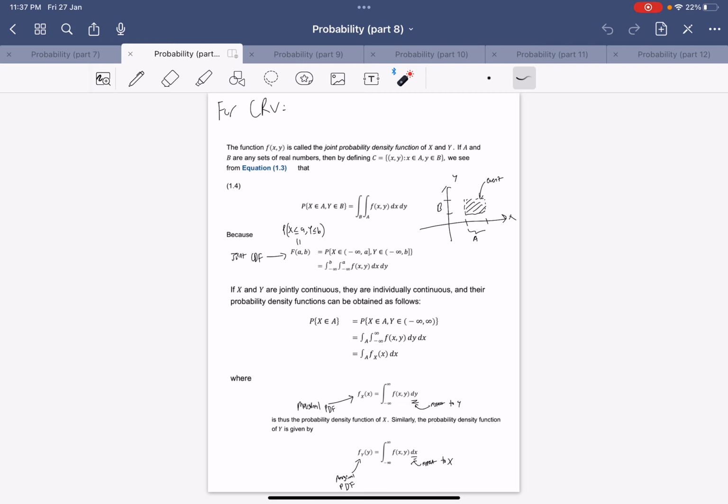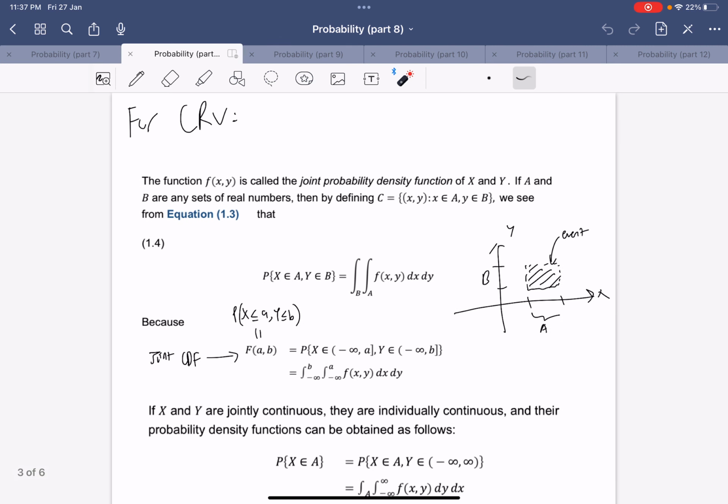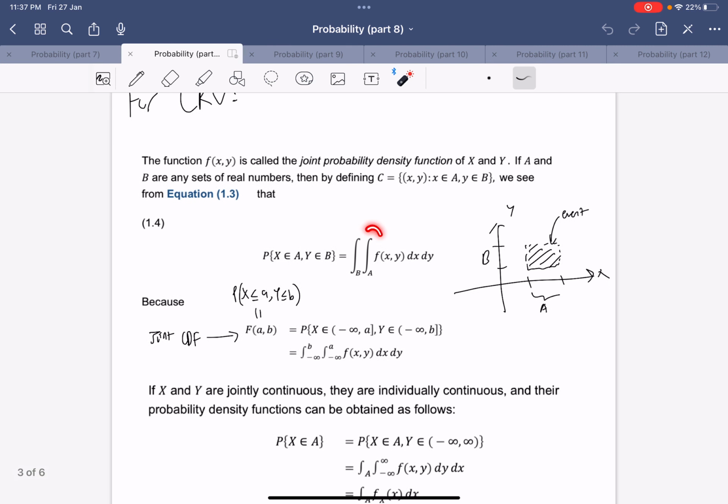And so when we say to sum over all x and sum over all y's, what we're really doing is integrating over the possible values. Let's say X takes values in an interval A, and now Y takes values in an interval B. Y can occur in the interval B. So you're just integrating with respect to this area, where the area A cross B is the event that it occurs.